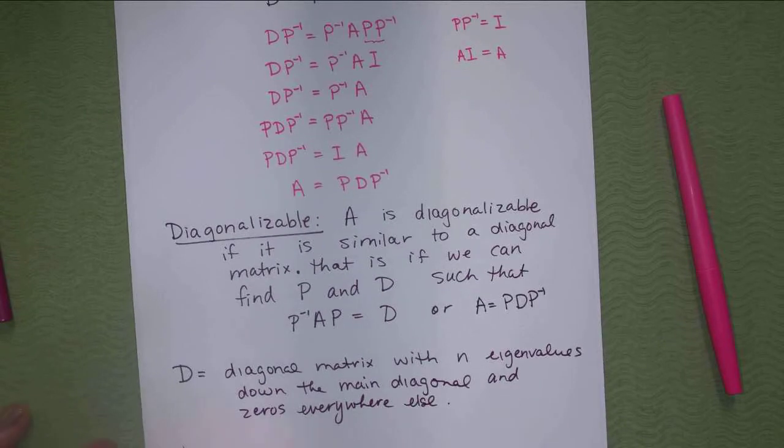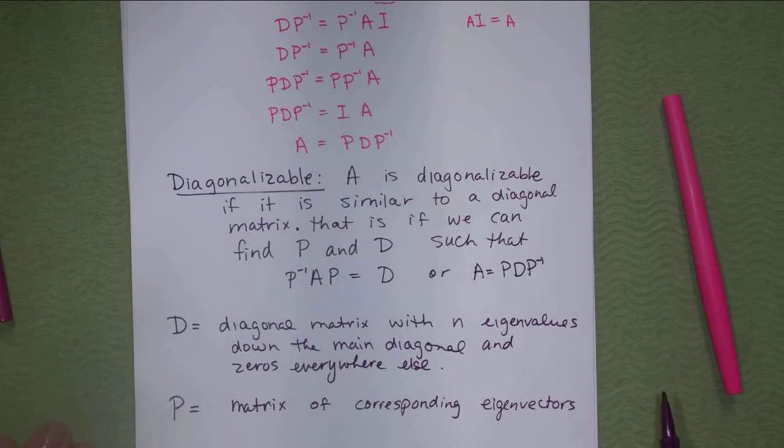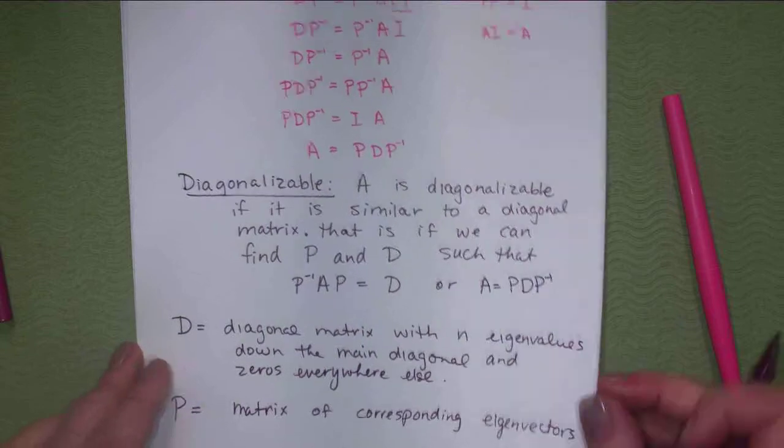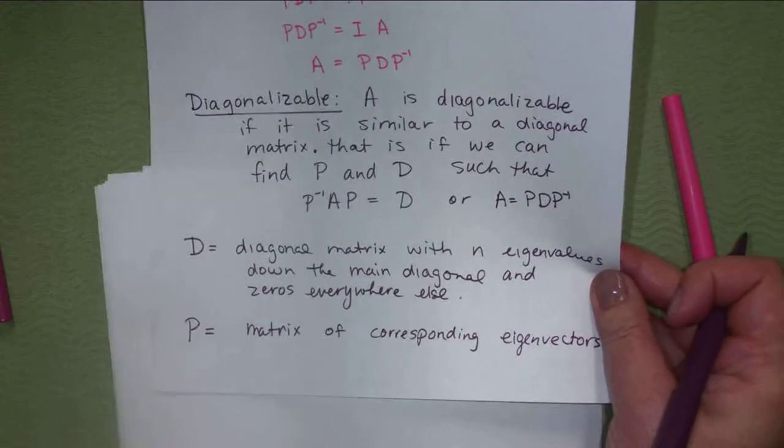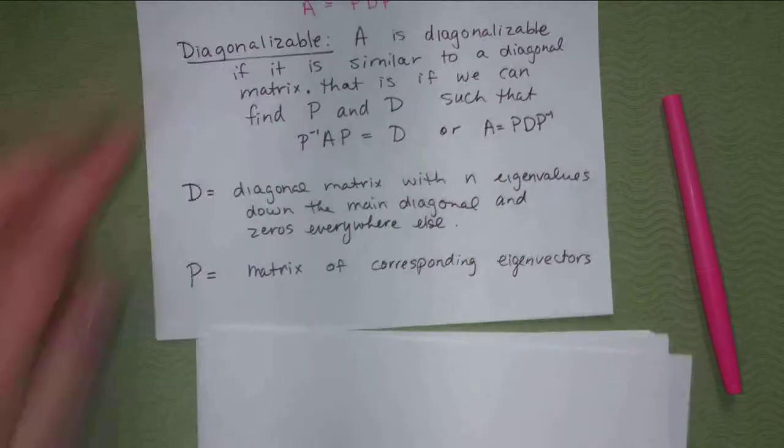And P is the matrix of corresponding eigenvectors. For a 2 by 2, this is easy. So we're going to do it for a 2 by 2 to start.